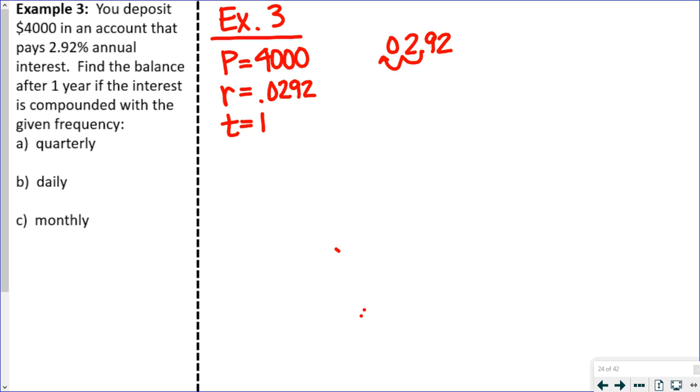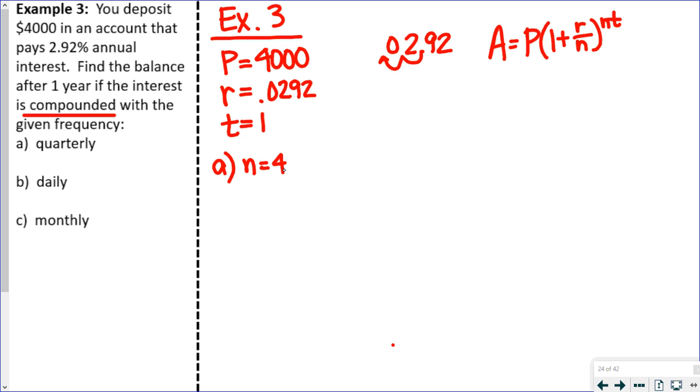All right, so the thing that's going to change, because this is the formula we're using, and you know this is the one and not just the regular one that we did earlier, is that it said compounded. As soon as it says compounded, weekly, monthly, quarterly, daily, whatever, you're using this formula. So for part A, quarterly, what was quarterly?